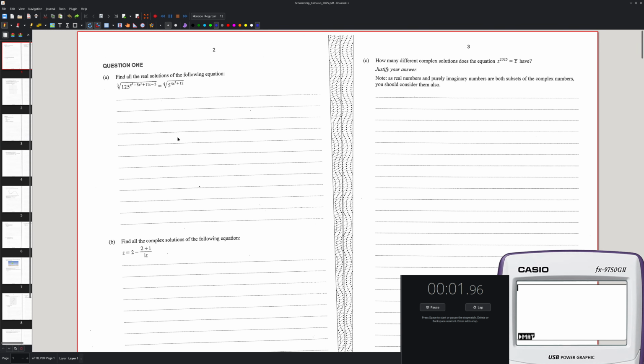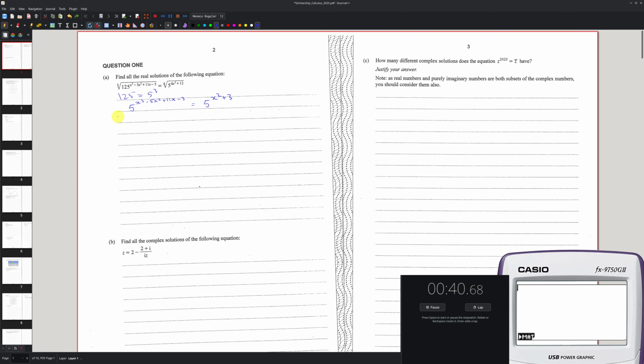Okay. Find all real solutions of the following equation. We got this 125 to the x cubed. So 125 is 5 cubed, right? So this is basically 5 to the power of x cubed minus 5x squared plus 11x minus 3 is equal to 5 to the power of x squared plus 3, right?